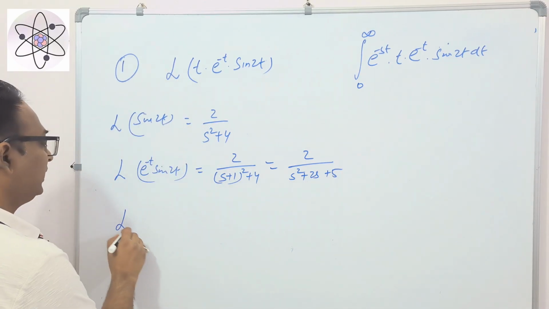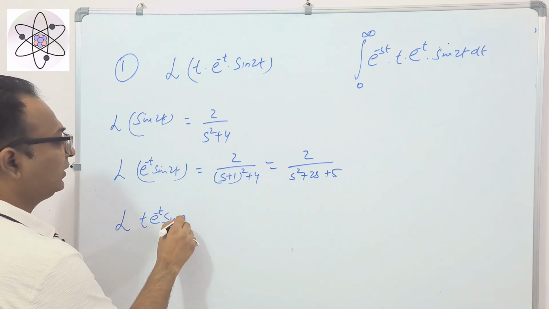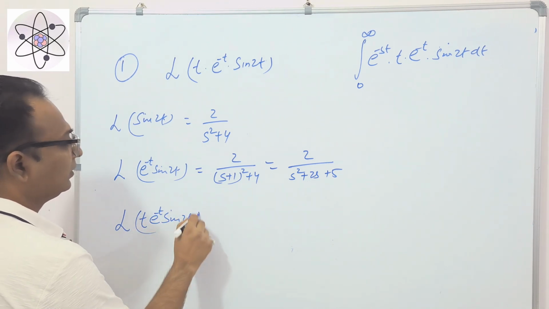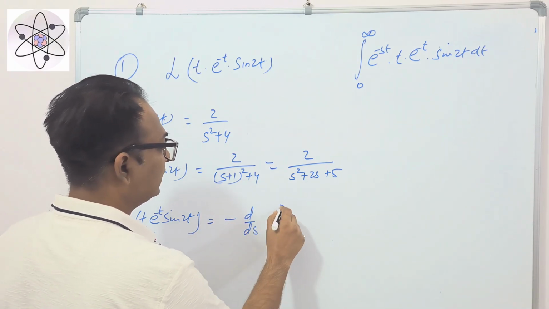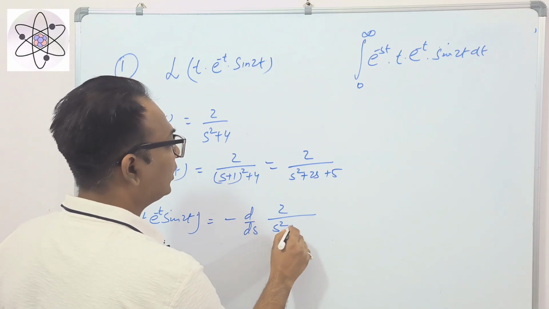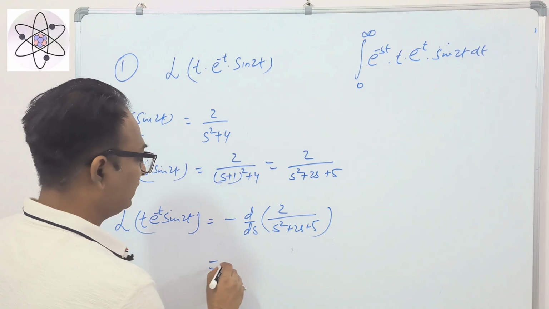And now when we multiply it by t, the Laplace transform of t e to the power minus t sine 2t, what is it? It is minus d by ds of this 2 by s square plus 2s plus 5. What it will be?